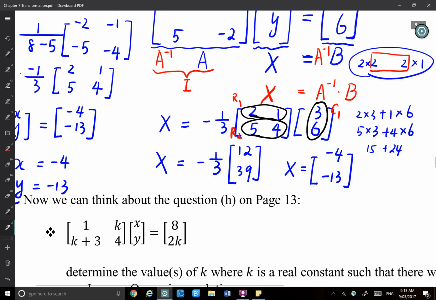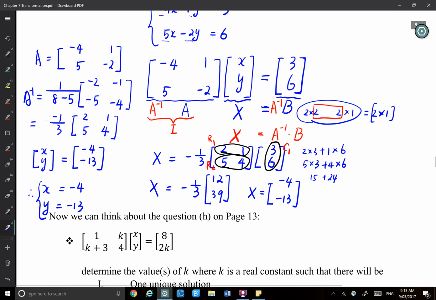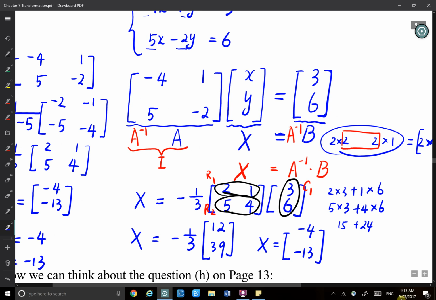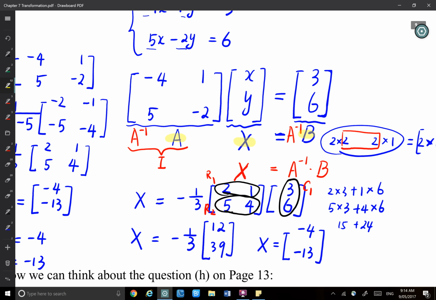Well, let's have a think for this question. Maybe not for this particular question, but for this type of question. You have a matrix A times a matrix X equals matrix B, and you're trying to solve for matrix X. Is there a chance that you cannot find any value for X? That there's no solution for X, is that possible?